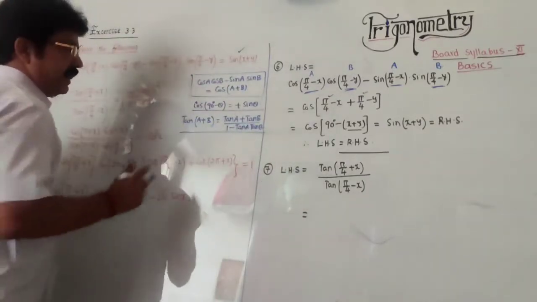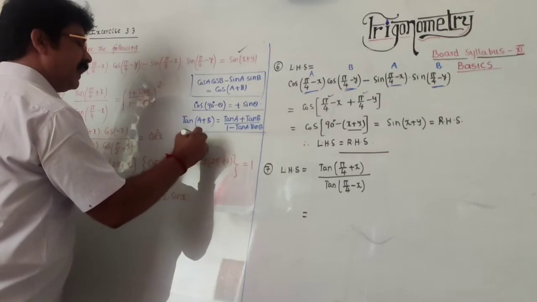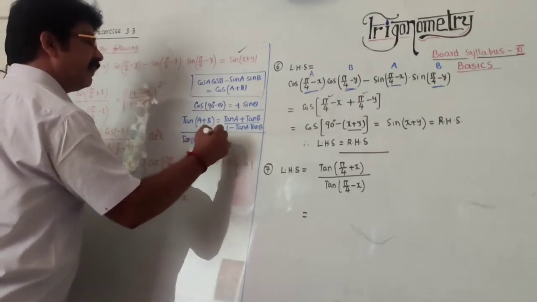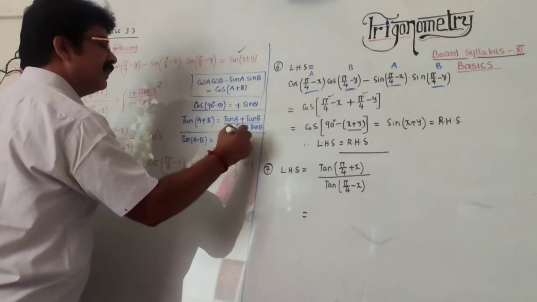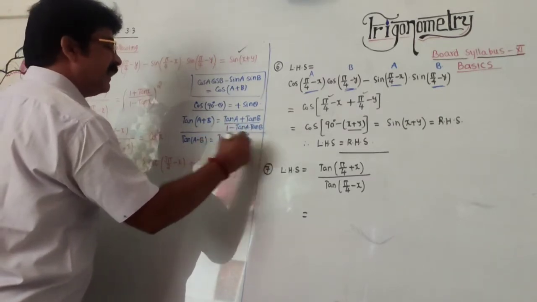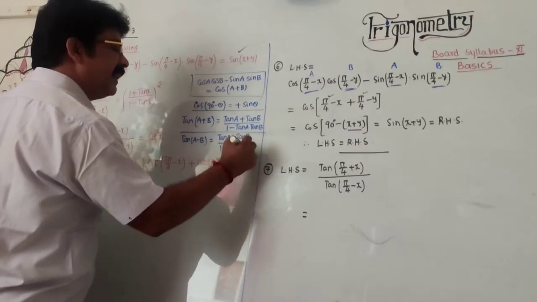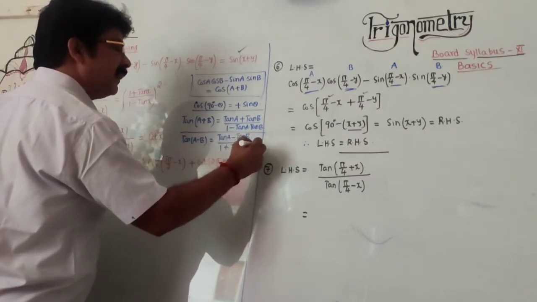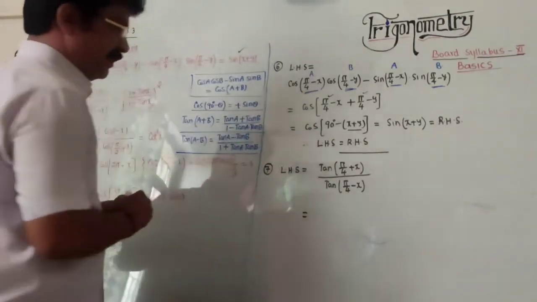Next, another formula. Tan(A - B) equals (tan A - tan B) divided by (1 + tan A tan B). Just like that. So these are the basic formulae.